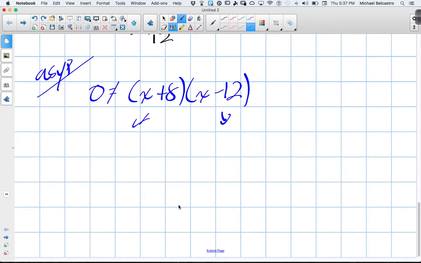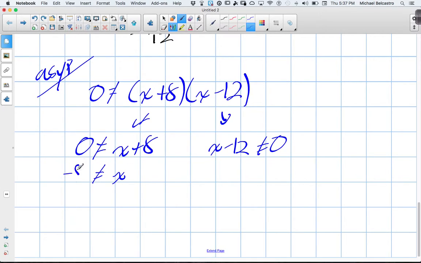We set both brackets not equal to 0. So x plus 8 cannot equal 0, x minus 12 cannot equal 0, which means x cannot equal negative 8, and x cannot equal positive 12. So here are our asymptotes.